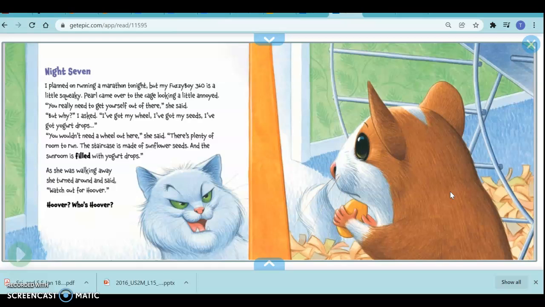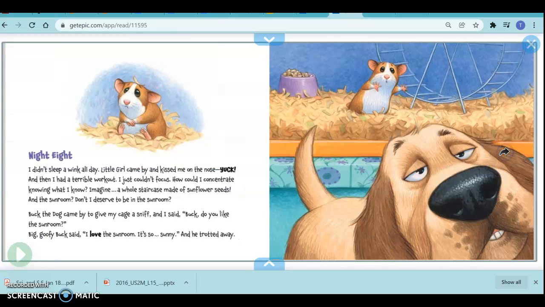So he's no longer thinking he has the best life in the world because she said that the staircase is made of sunflower seeds and that the sunroom is filled with yogurt drops. So now he's starting to wonder if he should change his life and if he should go out. So let's see if he does.